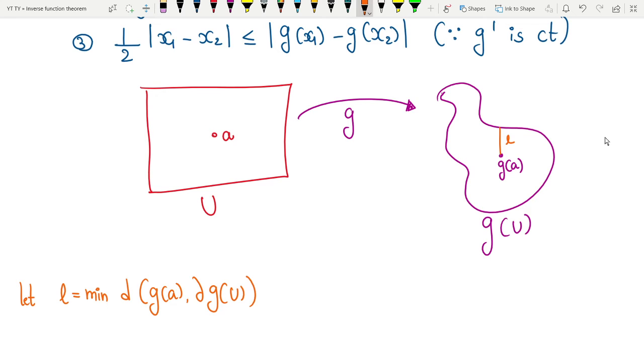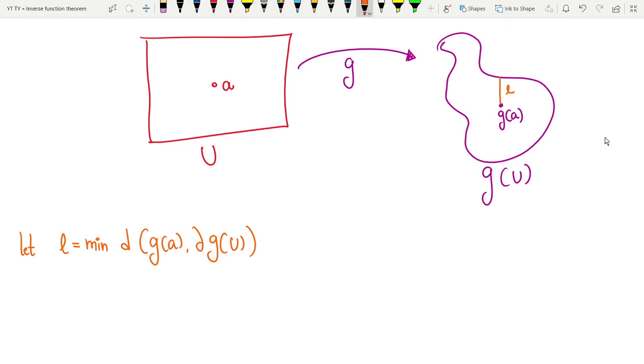So I have considered l, which is nothing but the minimum distance between g of a and the boundary of g of u. Apart from that, I consider one more value. That value is m, and that is nothing but the minimum of all distances between g of x and g of a. Now let us just try to see what this actually is. Over here g of a, we know a is fixed.